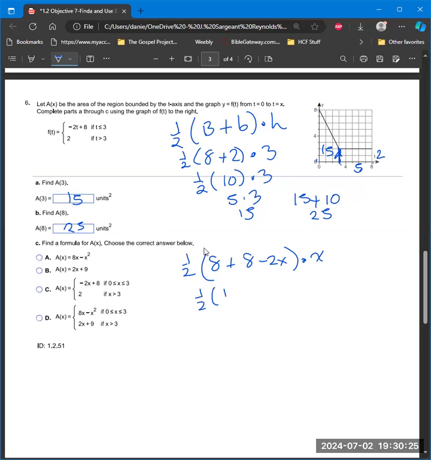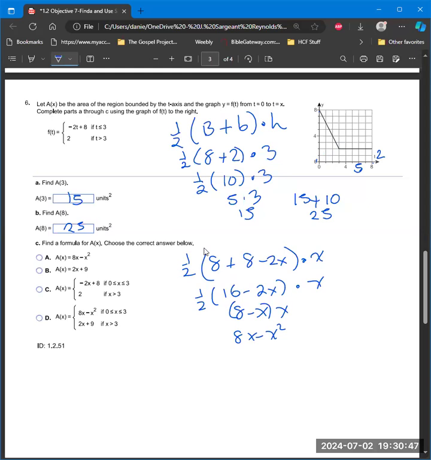That's 1/2 of 16 minus 2x times x, which is 8 minus x times x, which is 8x minus x squared for our first piece here between 0 and 3 included.